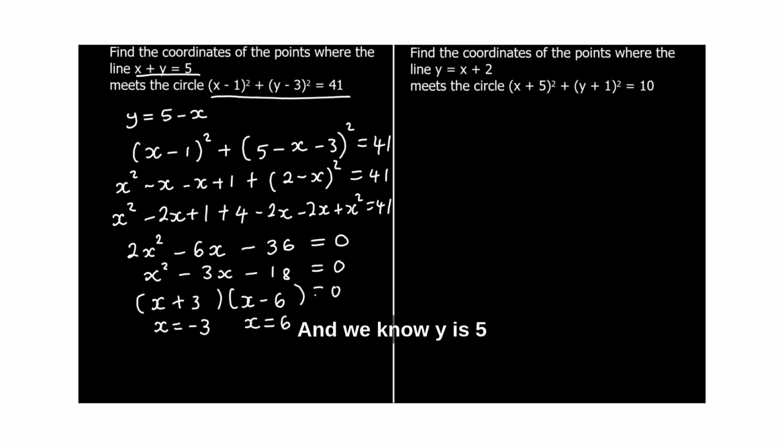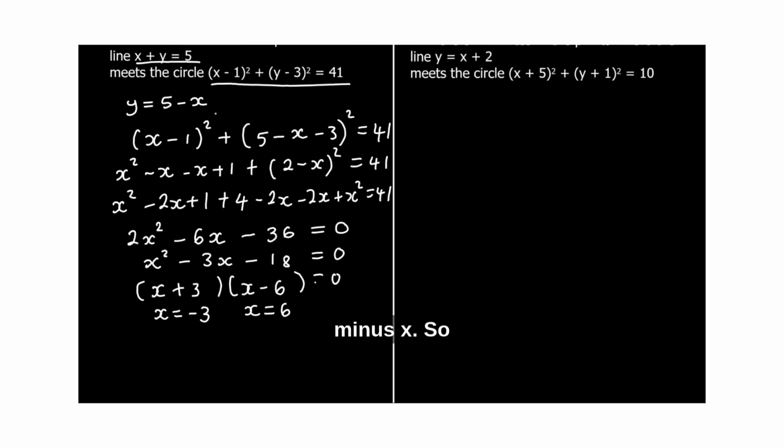And we know y is 5 minus x. So 5 minus negative 3 is 8. And 5 minus 6 is negative 1. So they intersect at negative 3, 8 and 6, negative 1.